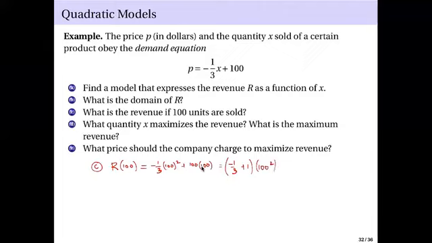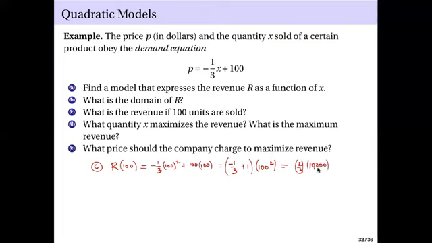So 100 squared, that's 10,000, correct? 10,000. And then negative 1/3 plus 1, that's 2/3. So the revenue will be 2/3 of this 10,000.